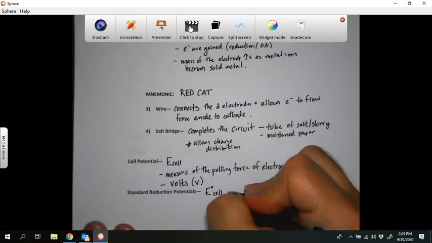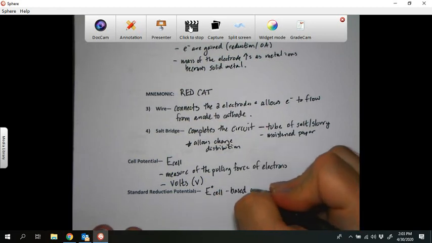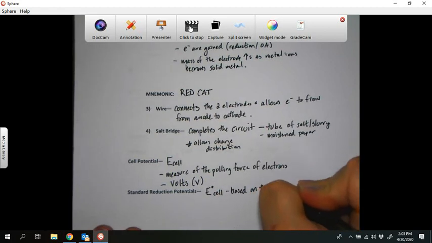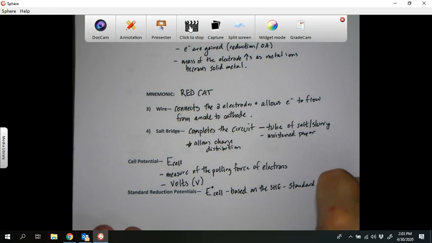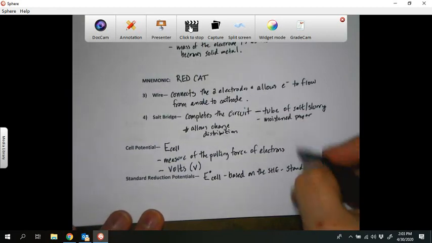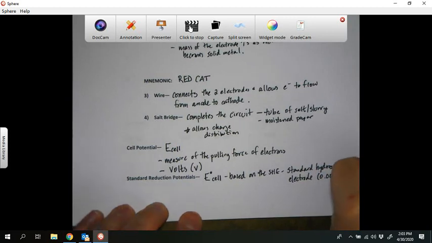We have to have a standard to measure it on, based on the SHE, the standard hydrogen electrode. And it's given a value of 0.000 volts.